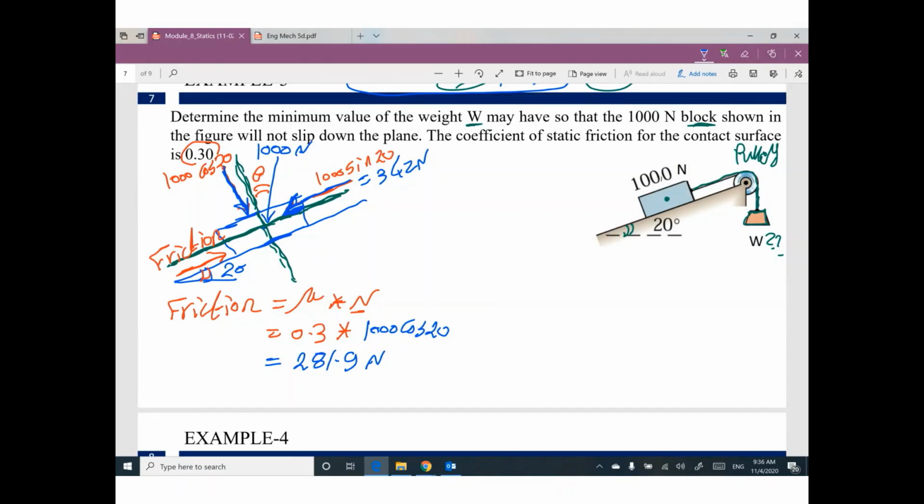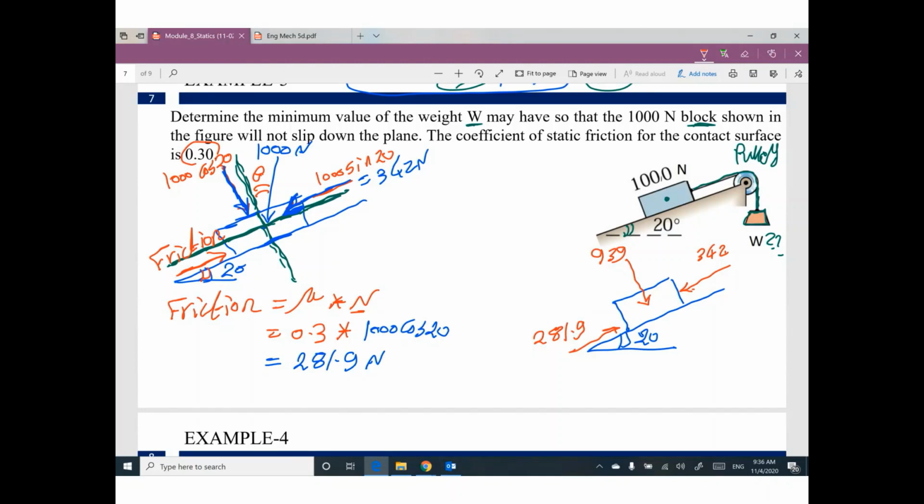Do you expect sliding? Here is the block. We have applied force here equal 342. We have friction here equal 281.9. We have normal force here equal 1000 cosine 20, which is 939. Anyway, do you expect sliding?